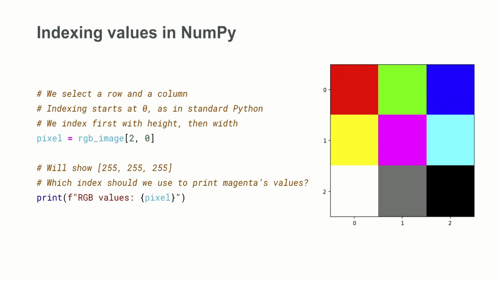We're going to be indexing the values of the array starting at 0 and ending at the length of the dimension minus 1. So if the dimension has 3 elements, the top index that we're going to use to access the content of the array is going to be 2. So the length of the dimension minus 1.